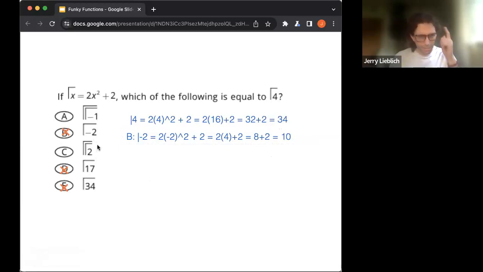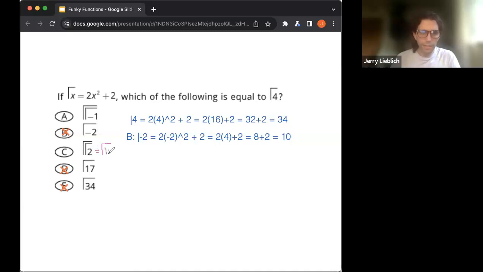Now, let's be a little canny here and say, all right, what does that -2 do here? The negative does nothing, actually, right? Because this is getting squared. So L2 is going to be the same as L negative 2. So I actually know already that C is going to be equal to L of L2, and L2 is 10.